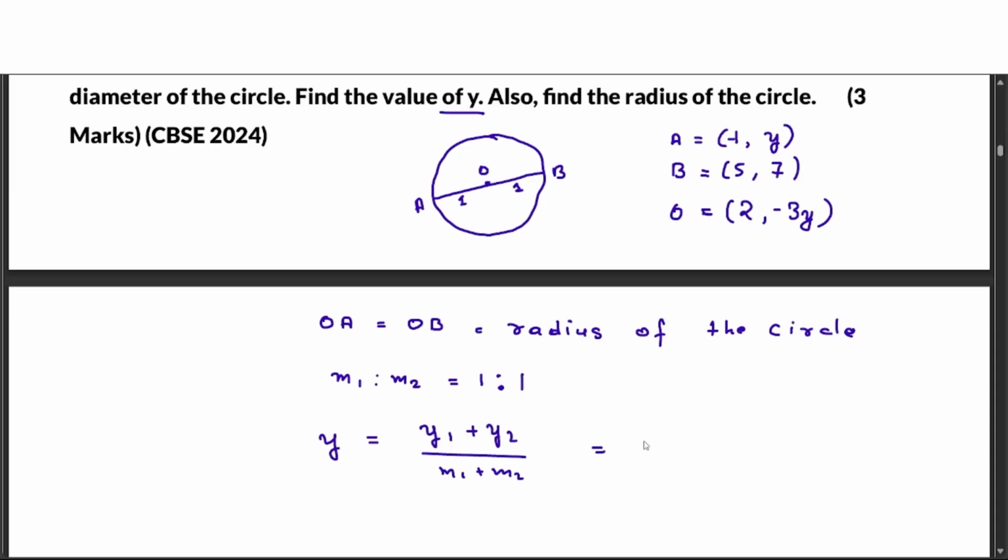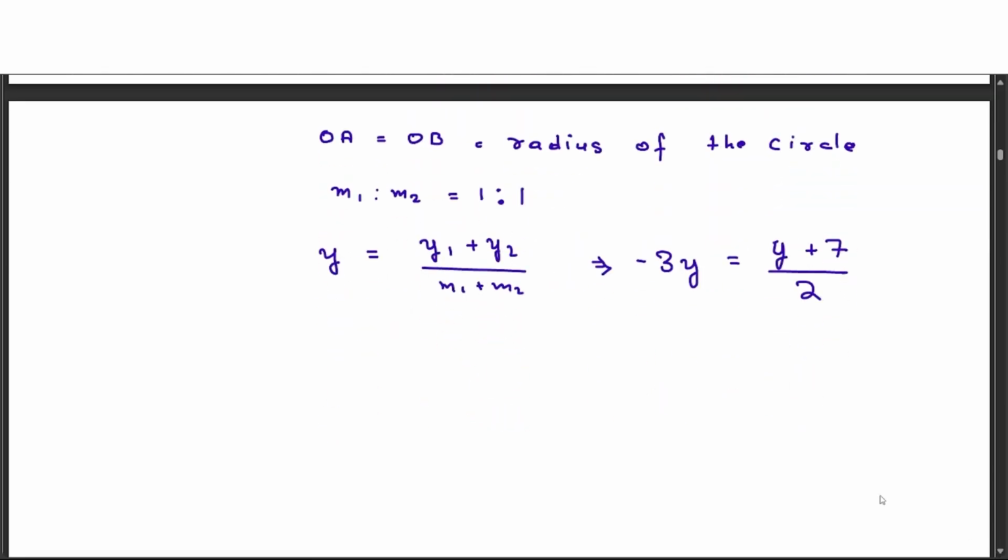Okay, so we can say here the y value is already given, -3y. So we can say -3y is equal to (y plus 7) over 2. Okay, we got this relation. Now based on that we can transpose this one.